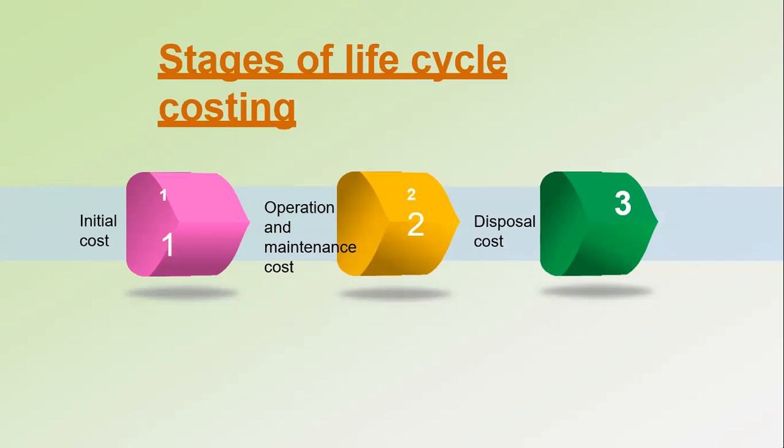Like this, there is a variation between initial cost and operation and maintenance cost, because initial cost is the ideal cost and operation and maintenance cost is the cost actually required on site.